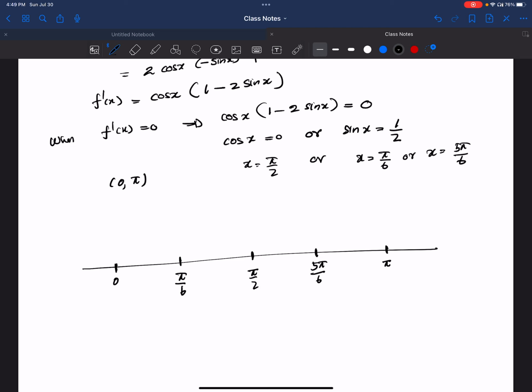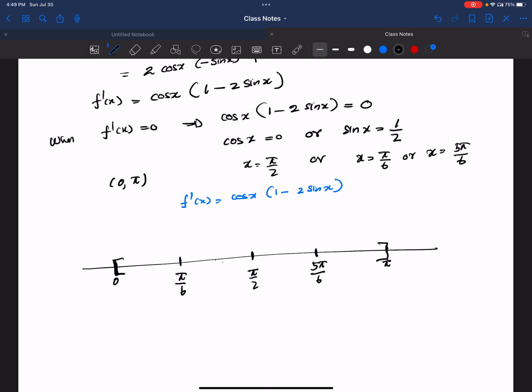It divides into 1, 2, 3, 4 regions. So we have to analyze what happens to f prime of x in these regions. Let's remind ourselves what f prime of x is: cosine x times 1 minus 2 times sine x. We can put any value in between those values and identify what's going on with the function.